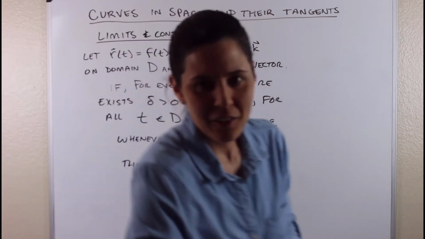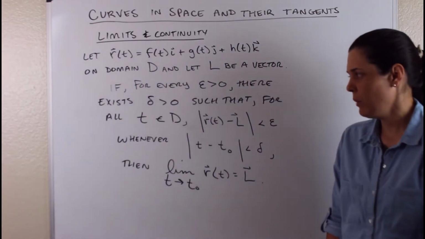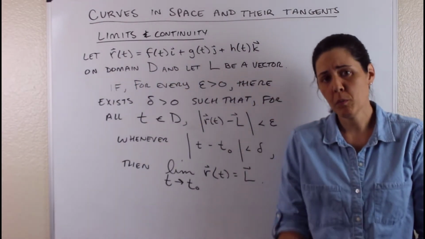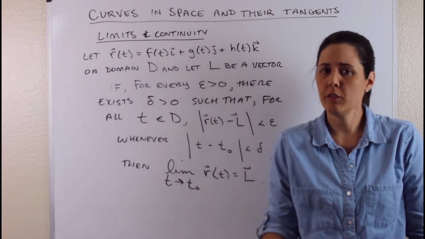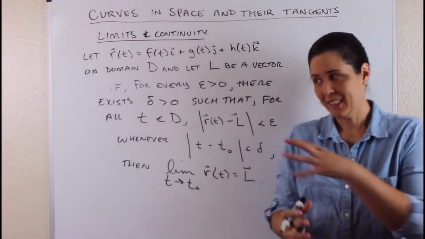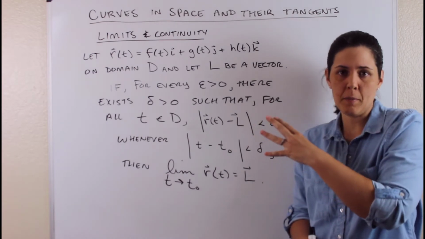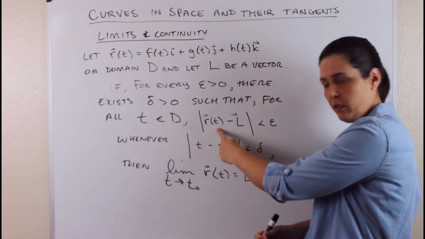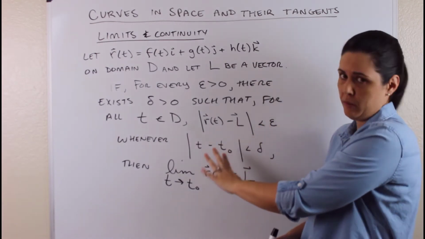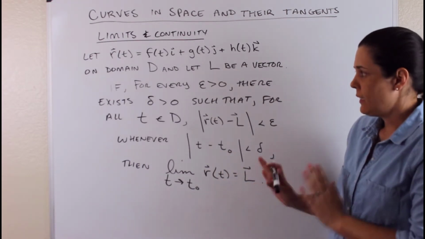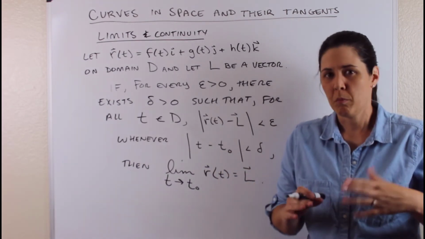Okay, I know that's a little much, but let me explain. If you remember your precise limit definition from Calculus 1, this is actually basically it, just maybe you had an f of x here, okay? And then this probably wasn't t's, it was x's. But other than that, it's the same precise limit definition. But here's all it's saying.